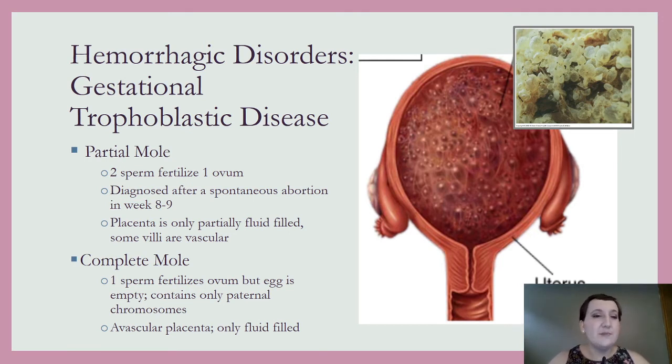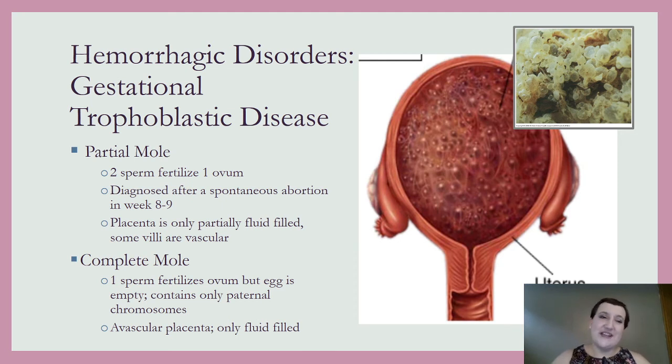There are a couple of different types. A partial mole is when 2 sperm fertilize 1 ovum. Okay, we have way too many chromosomes. We have way too much for one little egg to be able to handle. It is not incompatible with life, alright? We can't have a whole extra set of chromosomes and expect everything to go hunky-dory.